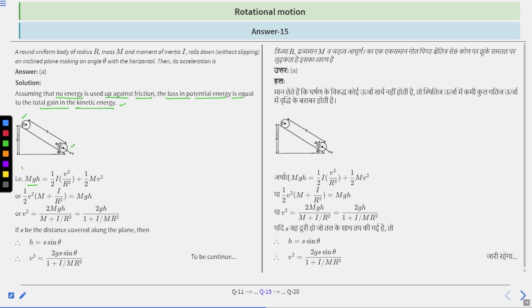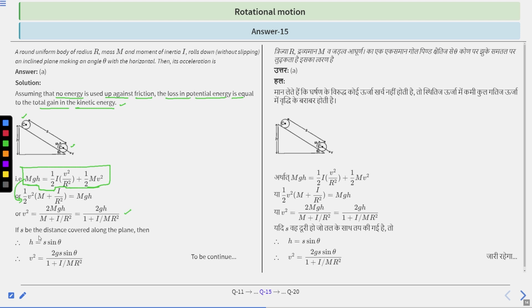Solving this, mgh equals half I v square by r square plus half mv square, you will get half v square times m plus I divided by r square is equal to mgh. Clear? Again solving, you will get v square equal to 2mgh divided by m plus I divided by r square, which is equal to 2gh divided by 1 plus I divided by mr square.